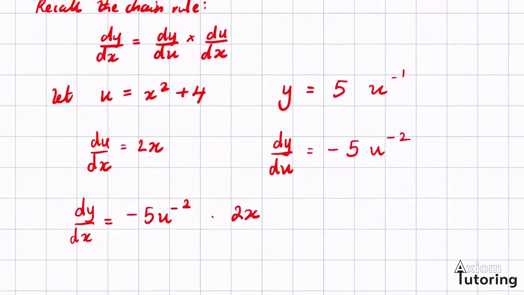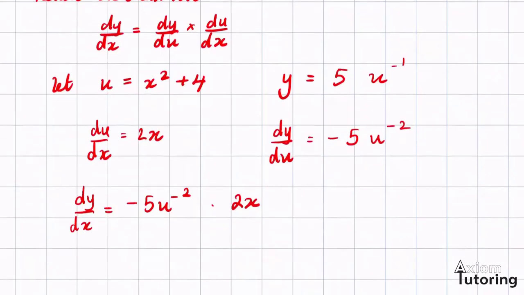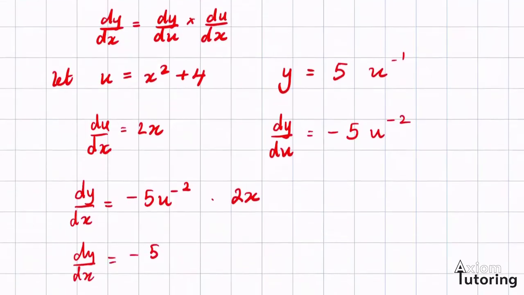So what we need to do is we need to substitute in u equals x squared plus 4, so we can get this all just in terms of x. So in fact, dy over dx is equal to minus 5 times x squared plus 4 to the power of minus 2 times 2x.